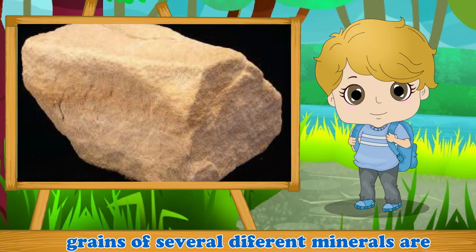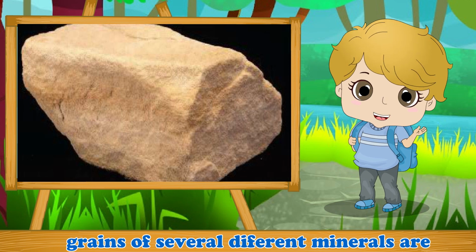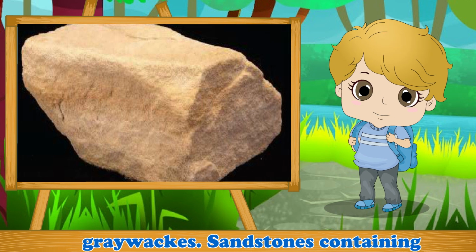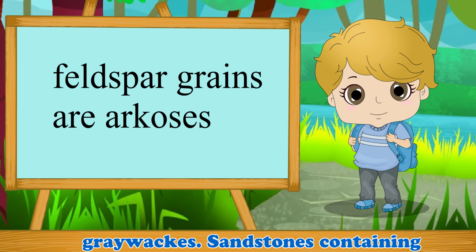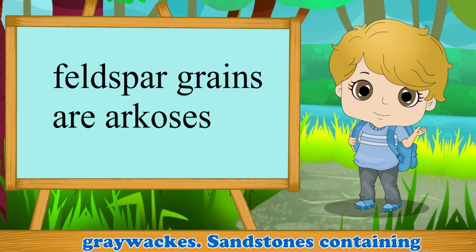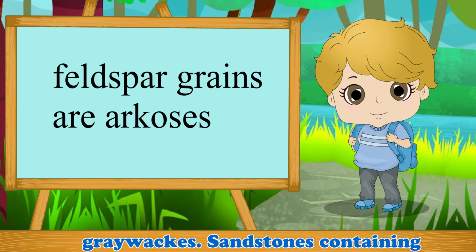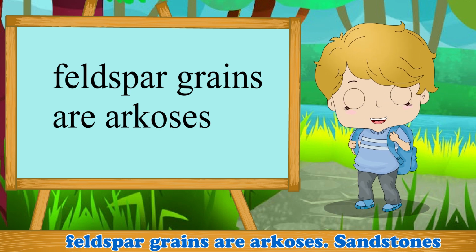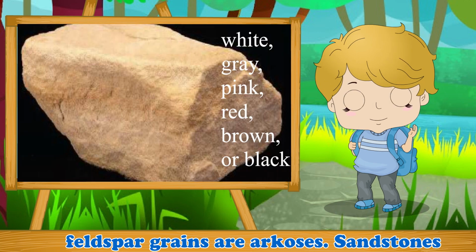Sandstones that contain angular grains of several different minerals are referred to as immature sandstones or graywackes. Sandstones that contain feldspar grains are arkoses.